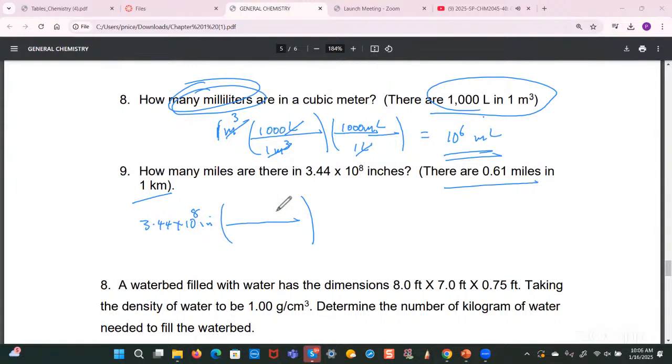So what goes up top here, what goes below here? What's the relationship between the inch unit and the centimeter unit? 2.54. Right, so 2.54 centimeters will go up top. And 1 inch would go below, so the inch units will cancel. Okay, very good. What's the next conversion factor you would use?